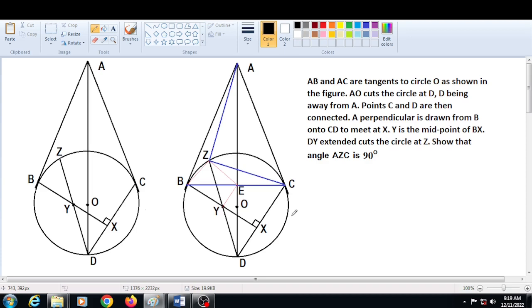So we have points B and C connected, and BC is allowed to intersect AO at E. Then we have BZ, ZE and EY shown by thin red segments, to just get a visual representation of this quadrilateral BZEY. Alright, so let us begin with the proof.